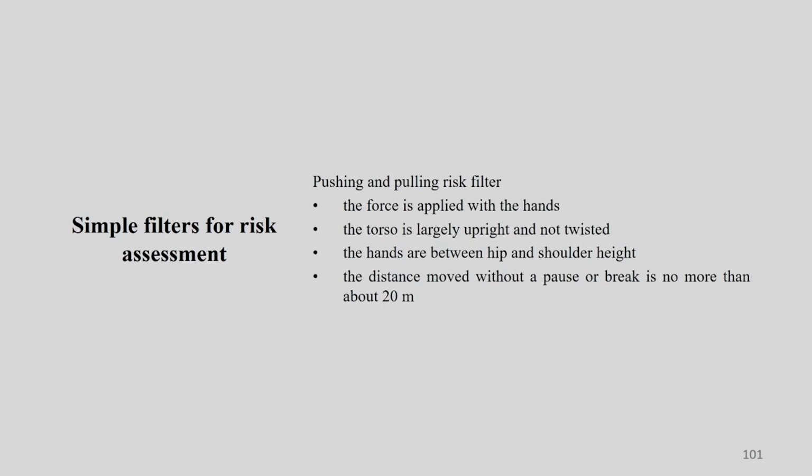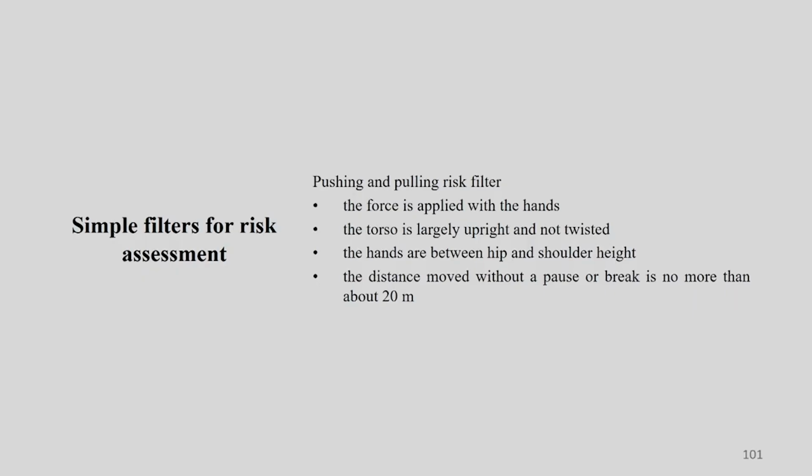What you need to see is that the force is applied with the hand, the torso is largely upright and not twisted, the hands are between hip and shoulder height, and the distance moved without a pause or break is no more than about 20 meters. So if you are doing any pulling or pushing job, you have to apply these four filters.